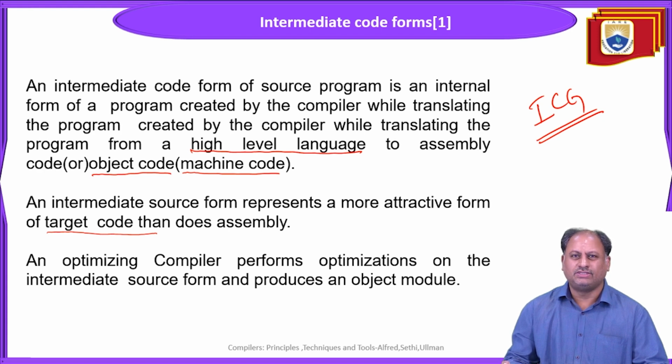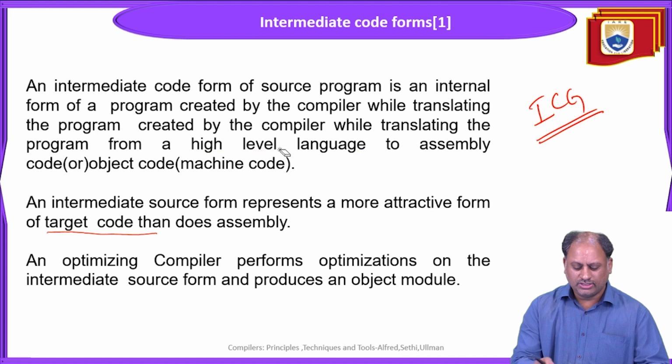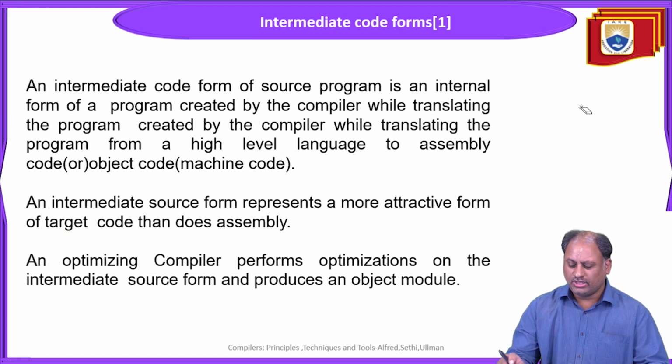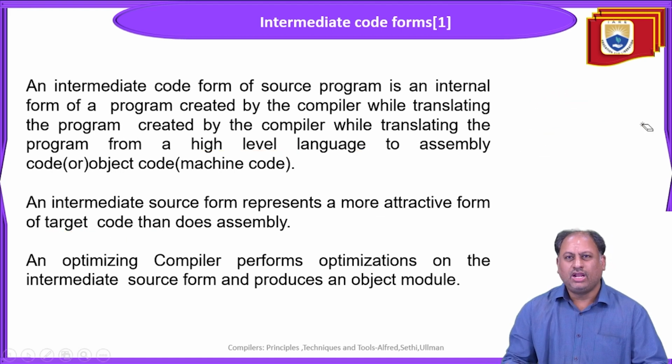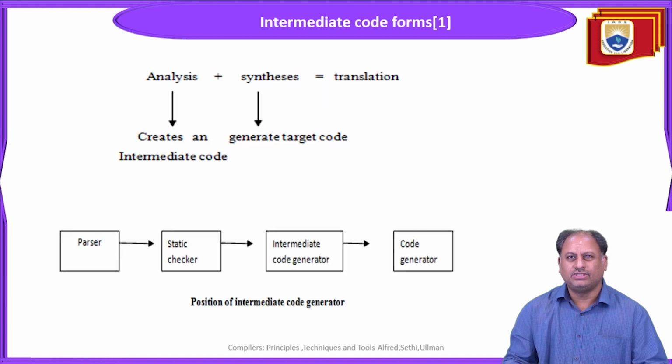After this phase, the compiler performs various optimization techniques on this intermediate code, and then finally produces the machine code. So this is the smooth structure of the compiler, where the source code is evaluated clearly, and then machine understandable code is generated.